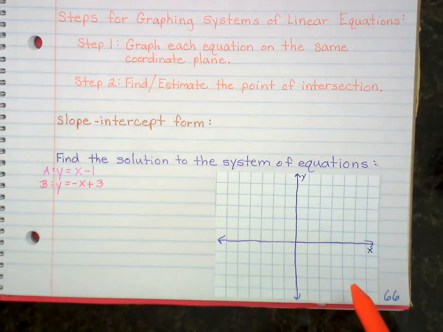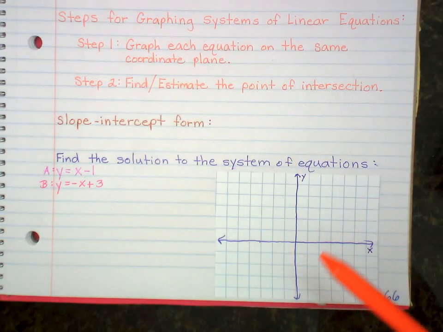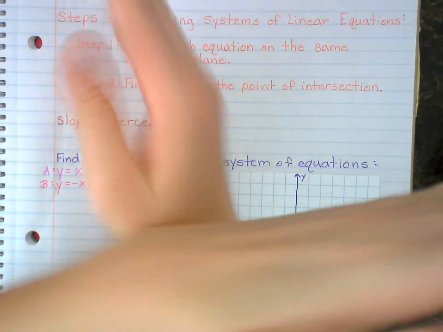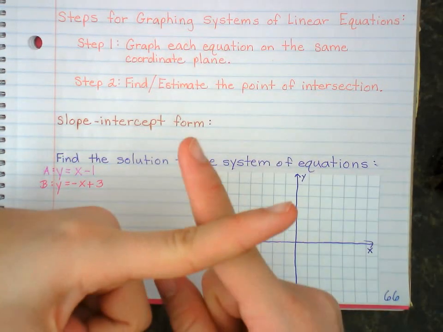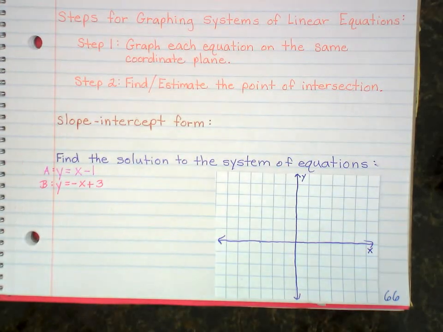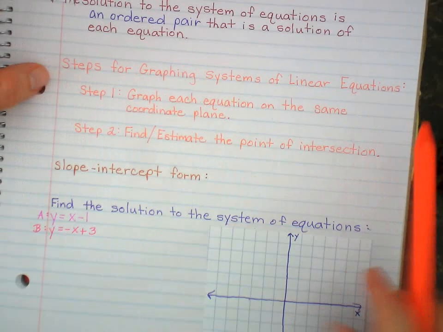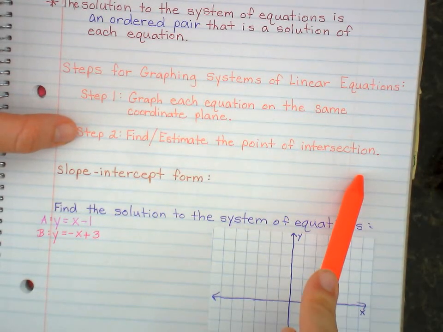Once they're graphed, we're going to find and estimate where they intersect. So if we have two lines and they intersect right here, whatever that point is, is the solution. So first we graph it, then we see where they intersect.